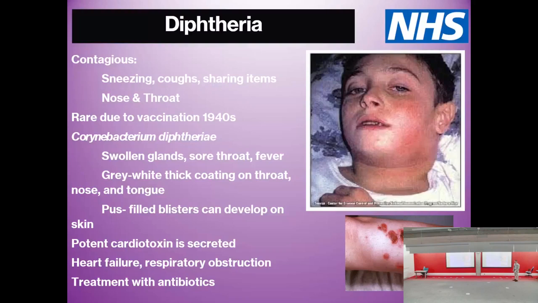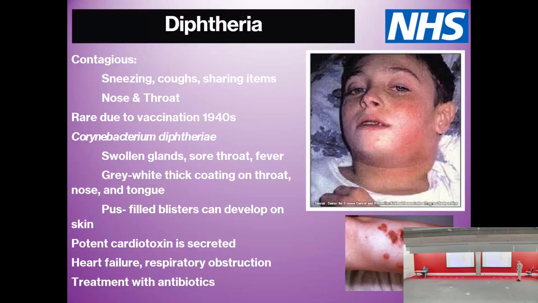So yeah, you can get it from sharing items, so cans of Coca-Cola, bottles, etc. The symptoms are not too dissimilar to strep, but you get swollen glands, sore throat, fever. Instead of the redness in the throat, it's a thick white coating on the throat, in the same way that you get from thrush as well.